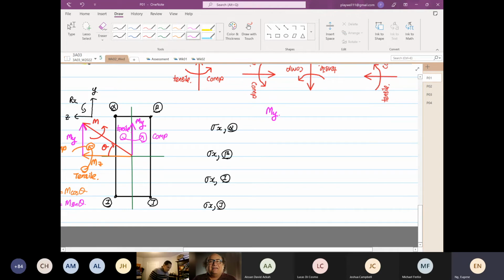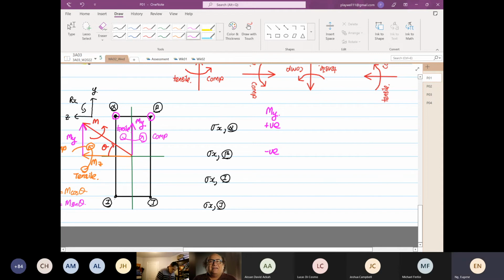At point alpha, the moment about y will induce a tensile, which is positive. At point beta, the moment about y will induce a compression.